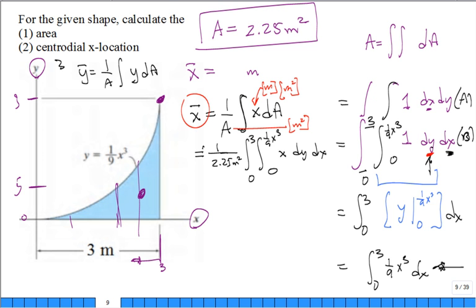Somebody wrote, I think x bar is equal to 1 over A, the integral of A dA. It's wrong. One of the things you can do is just look at the units. Meters squared integrated over meters squared divided by meters squared is not going to give me meters. It's going to give me meters squared.